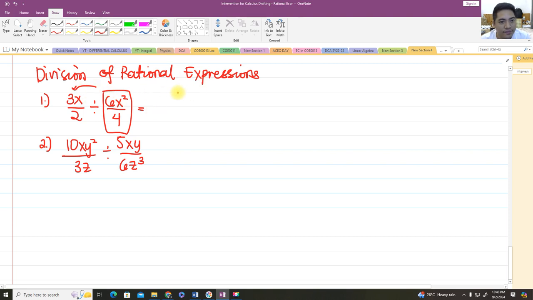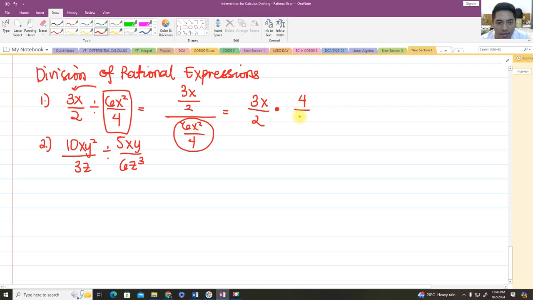So in this case, if I'm going to rewrite this, 3x all over 2 divided by 6x squared all over 4. So this part, the denominator, should always be converted into its reciprocal, and then we're going to proceed with multiplication instead of division.